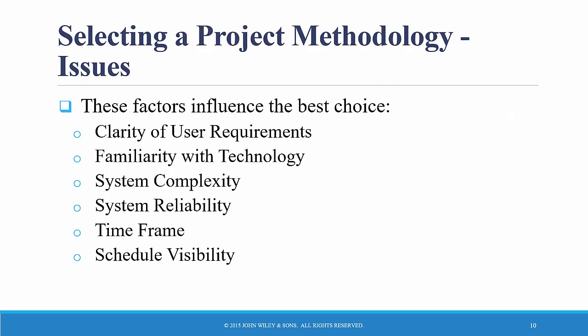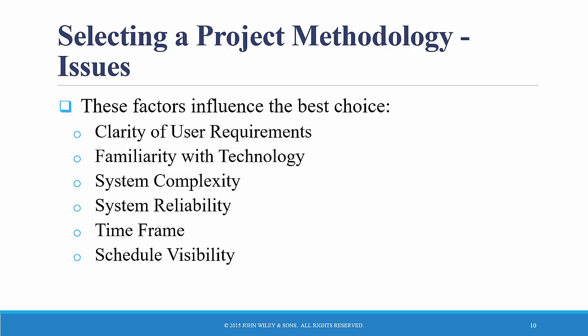Here is a list of a few of the project characteristics that will affect and perhaps even determine the particular methodology that is selected to be followed to build a particular project. Clarity of user requirements. How well do the users and analysts understand the functions and capabilities needed from the new system?